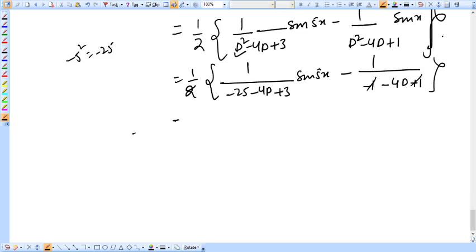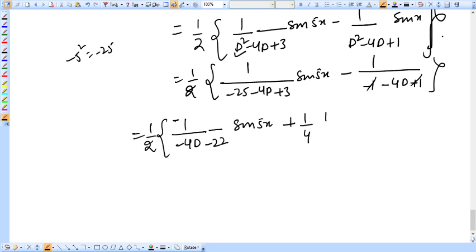So it is equal to 1 upon 2, 1 over minus 4d minus 22, right? Sin 5x minus, minus minus plus, 1 by 4 1 by d into sin x.